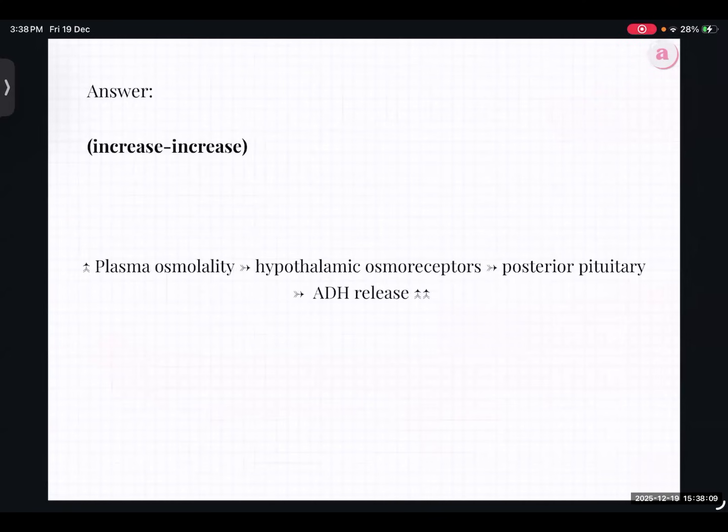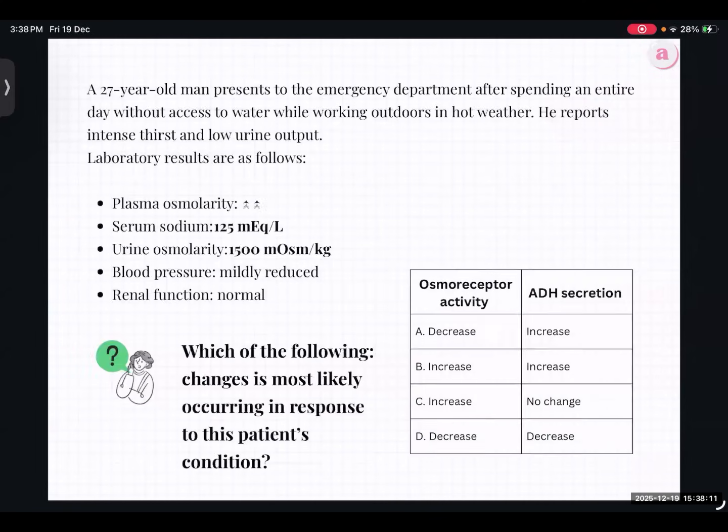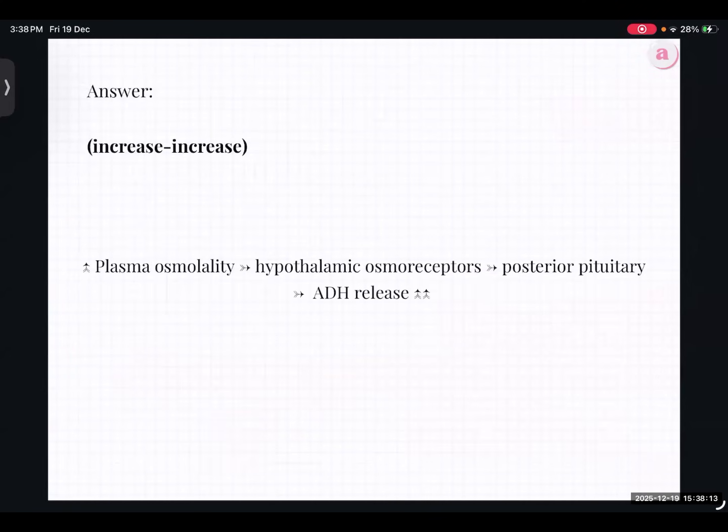Perfect. That is correct. Whoever said it's B is correct because it's increased ADH and increased osmoreceptor activity. Basically the story here is that we have dehydration, which means that our plasma is high in osmolality. It's not diluted as much.